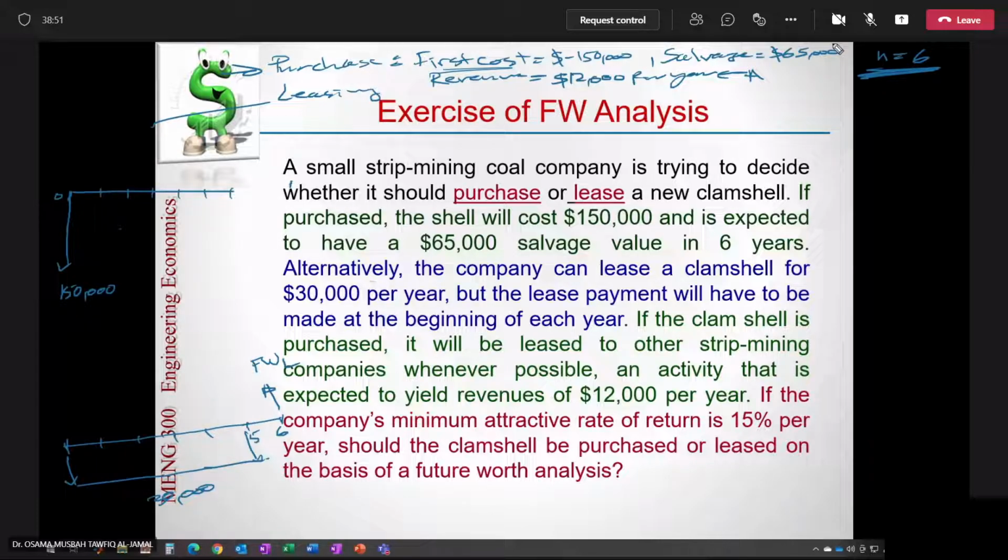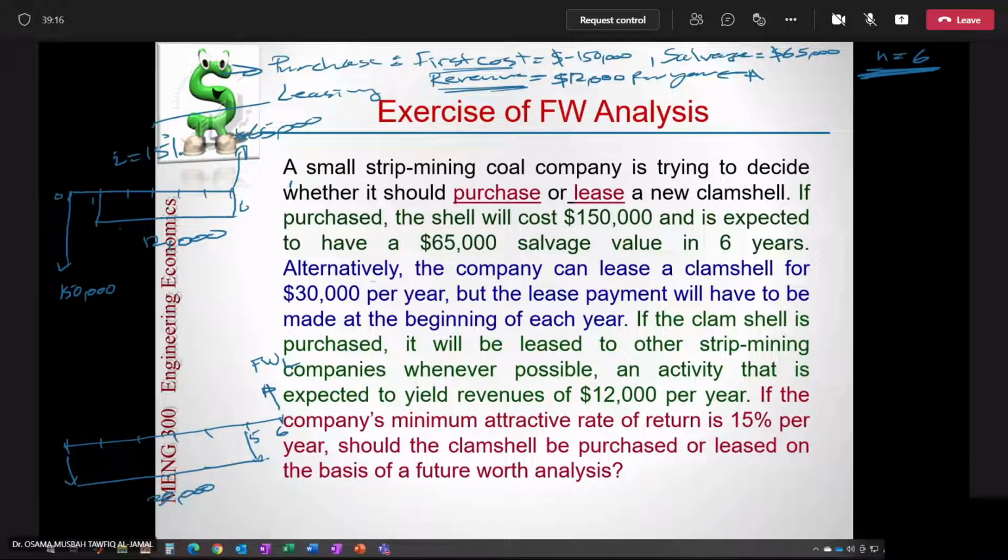In year 6, we have salvage value, 65,000. We can lease it to others with that revenue from year 1 up to year 6, 12,000. We have an I, which is equal to 15%.